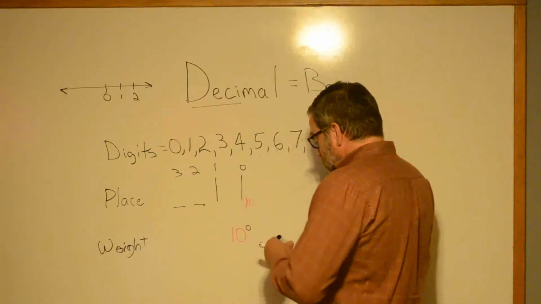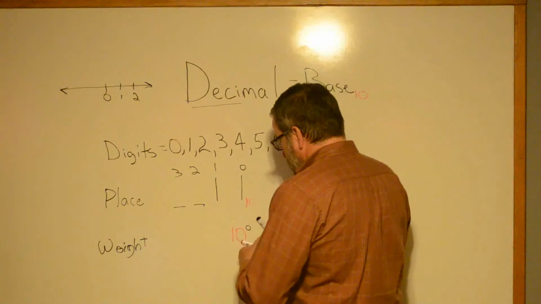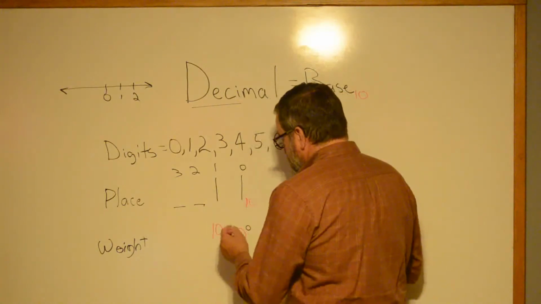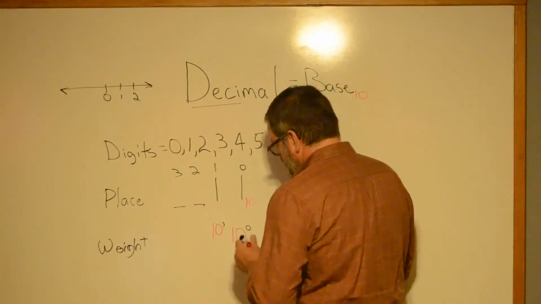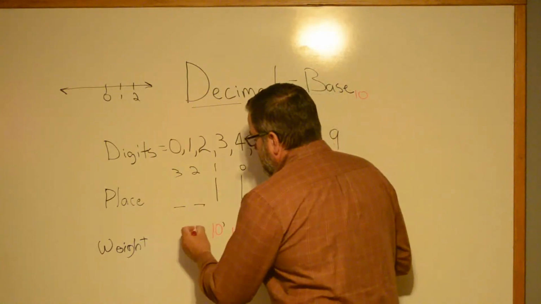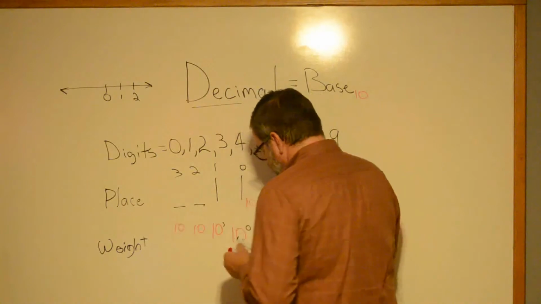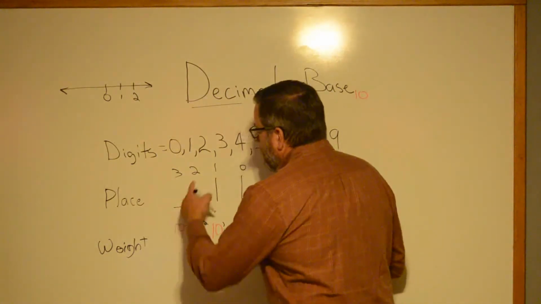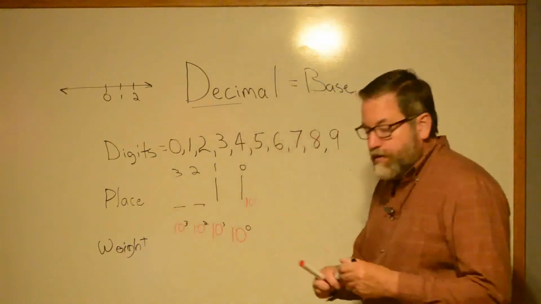So I'm going to write 10 to the 0 there, 10 to the first here, 10 squared and 10 cubed next to that, because those are those place identifiers. And then we're just going to do the math.